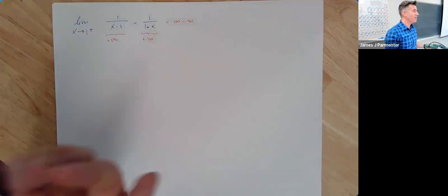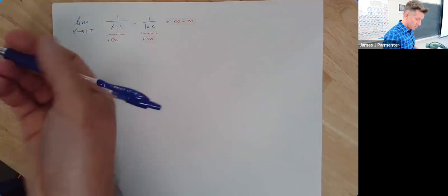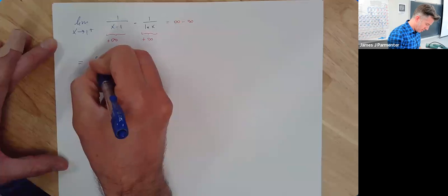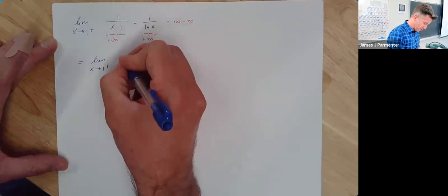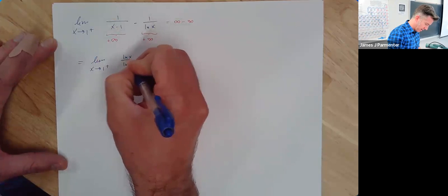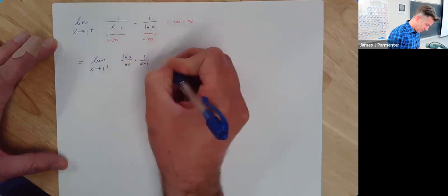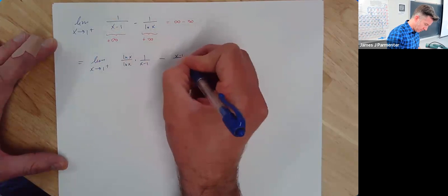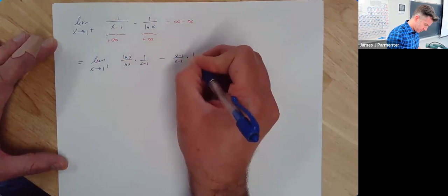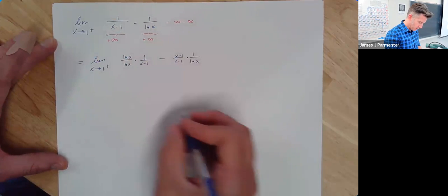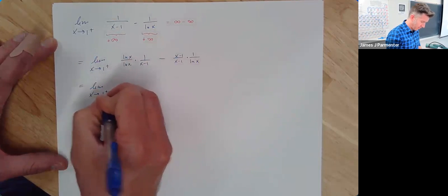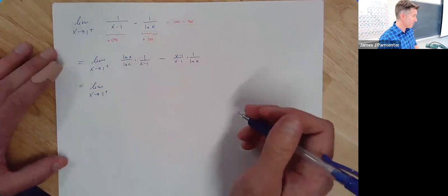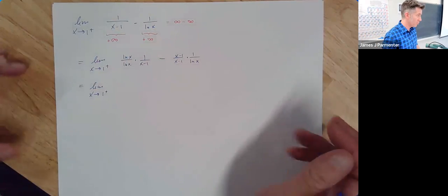So to get one fraction, we're going to get a common denominator. So I'm going to say, well, this is going to be the limit as x approaches 1 from the right. I'm going to multiply this by natural log of x over natural log of x, and this one by x minus 1 over x minus 1. And so when I put this all together, notice I'm just simplifying right now. I'm not writing L apostrophe H anywhere because I'm not using L'Hopital's rule yet.